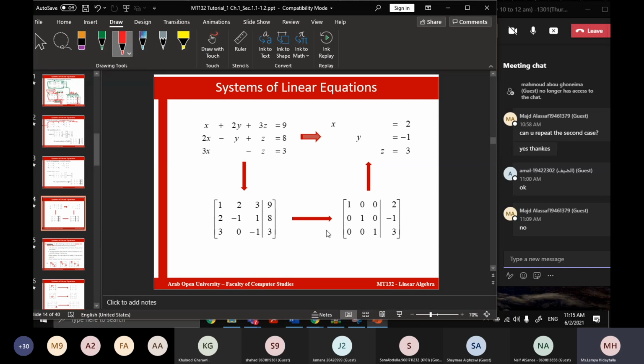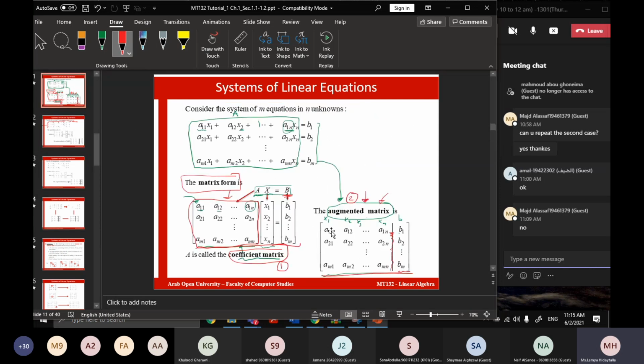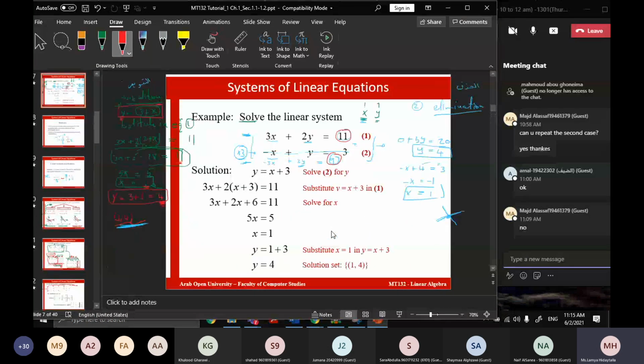Then what's next? Do you remember before when we have been solving system of linear equations here? Okay, what we are doing? We are starting from the system and we moved by doing some steps to an equivalent system, مكافئ له.